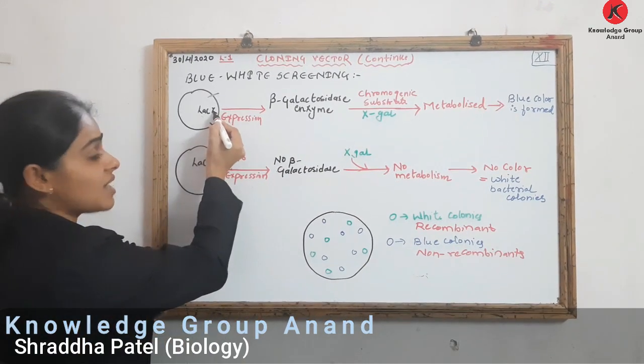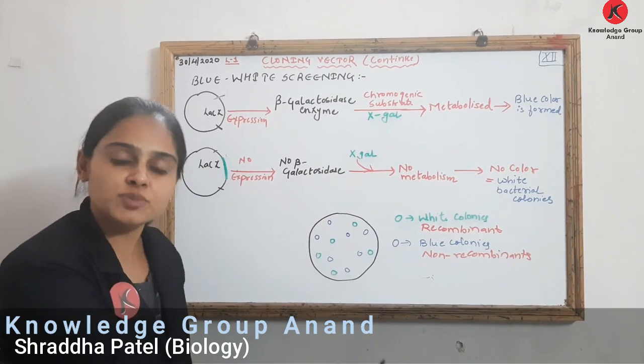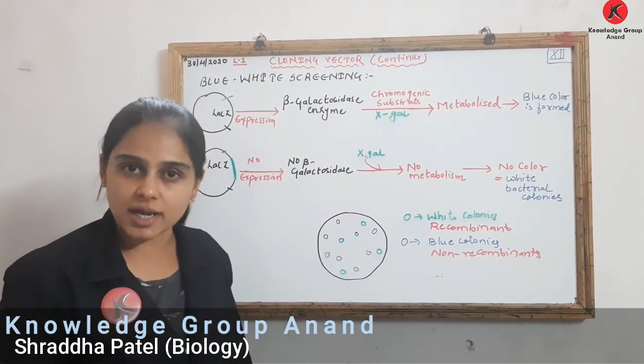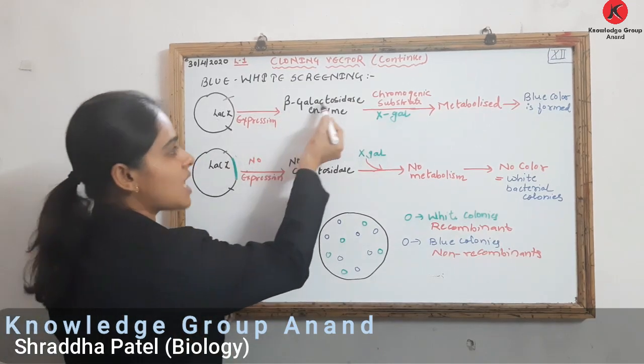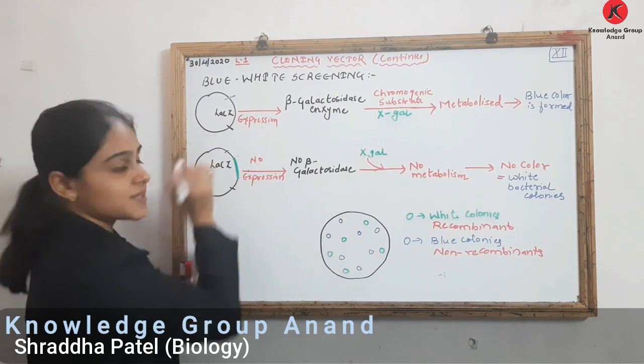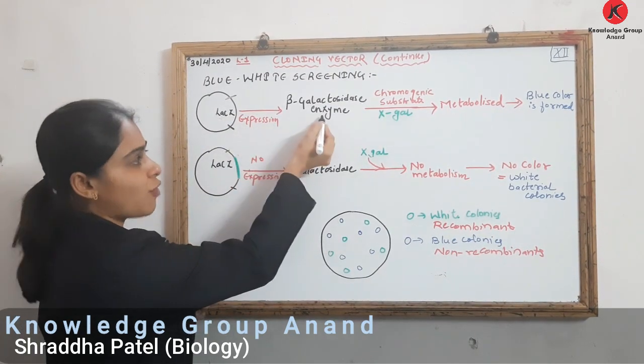Now this LAC-Z gene, ये DNA, it undergoes what? Transcription and translation to form an enzyme called beta galactosidase. ठीक है, this LAC-Z gene undergoes transcription, translation to form protein.